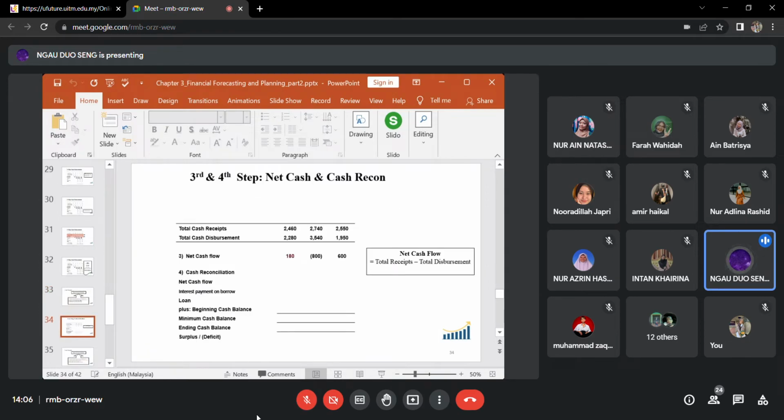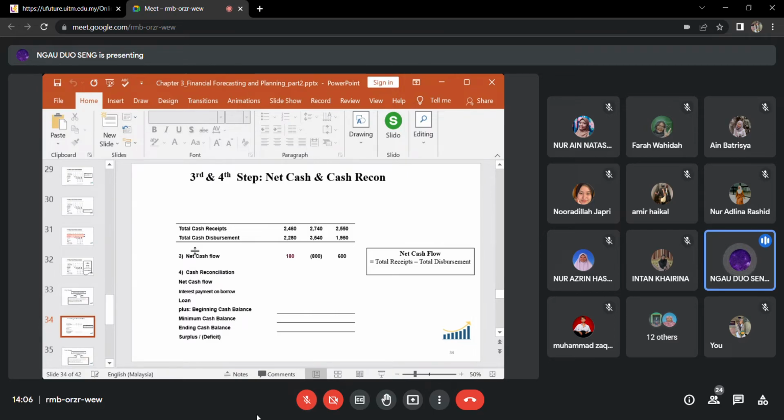So what should we do? Net cash flow, this one quite simple. We just copy, right? We just copy the total cash that we have calculated in step 1 for the 3 months, right? And then the total cash disbursement, right, from January, February, and March. Then we just minus.